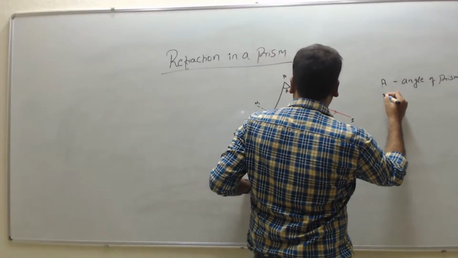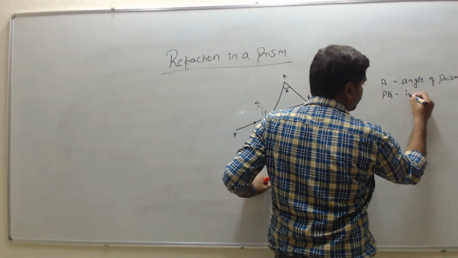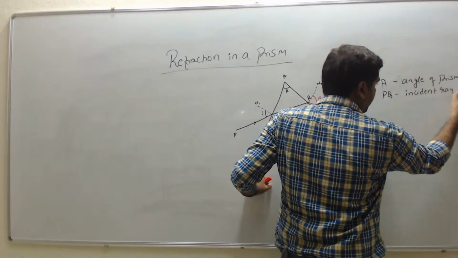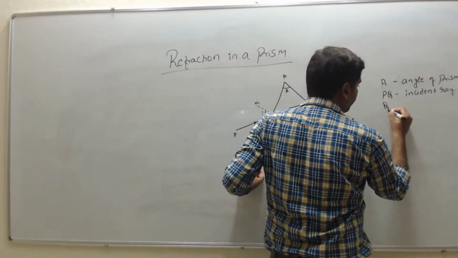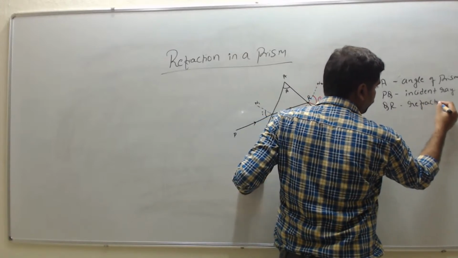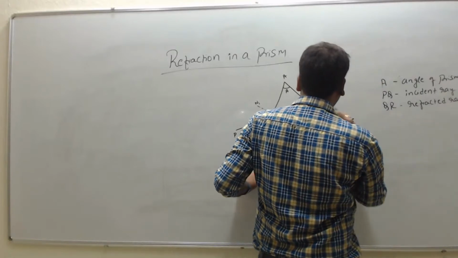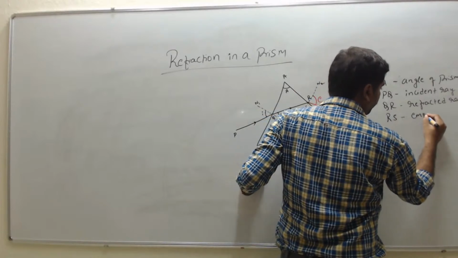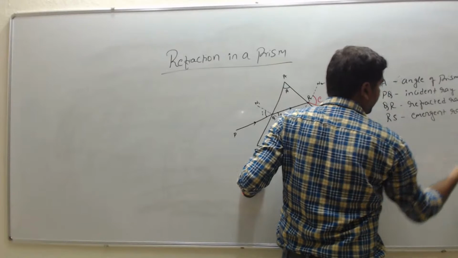Next, PQ is the incident ray, QR is the refracted ray, next RS is the emergent ray.